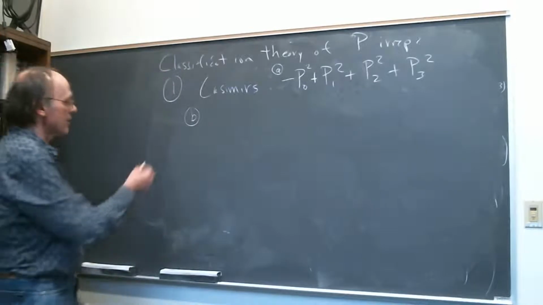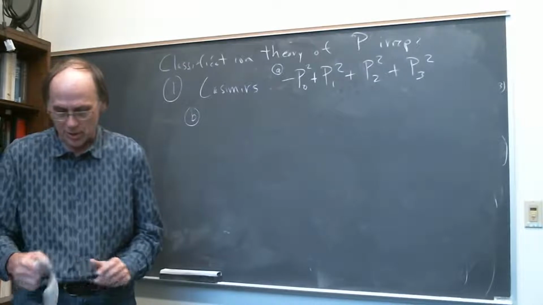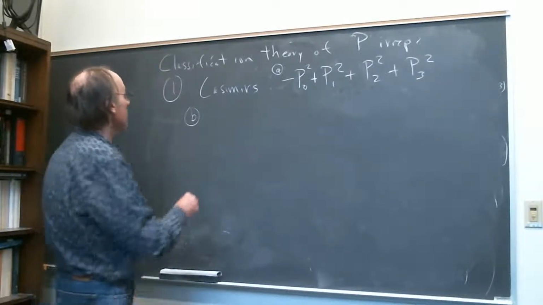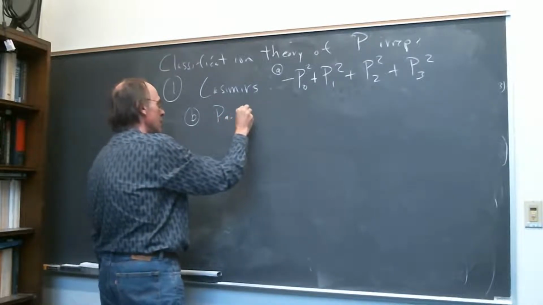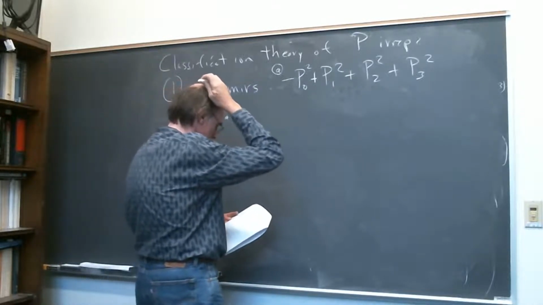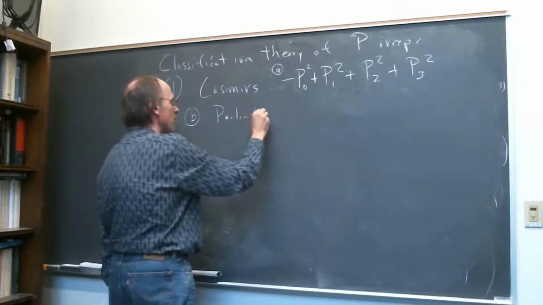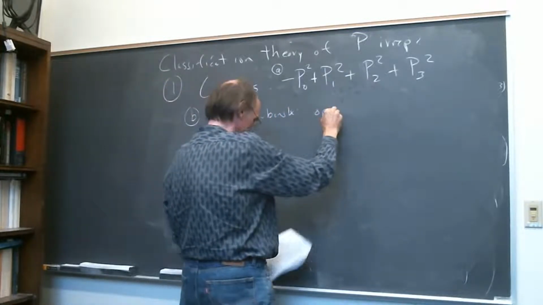Okay, but then the second one is kind of tricky to write down. Let me just write it down. The second one is called the Pauli-Lubansky operator.